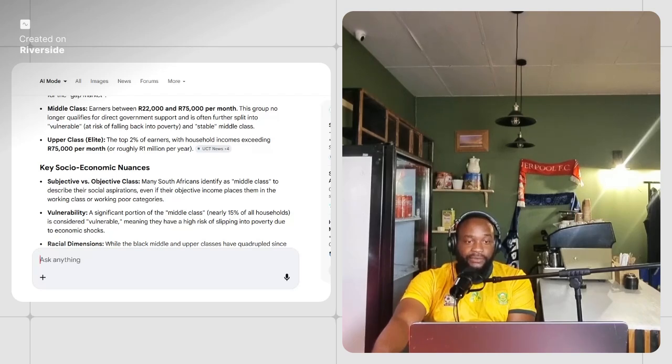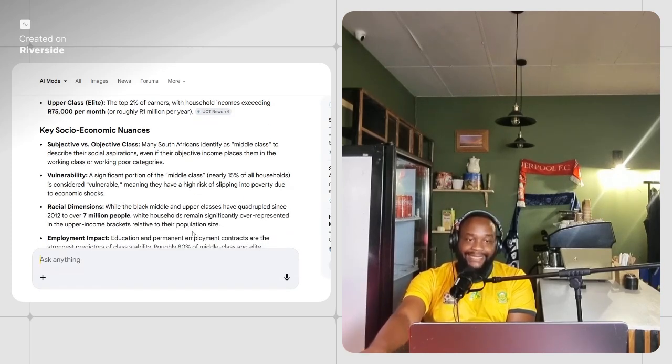All right, we've got vulnerability: a significant portion of the middle class, nearly 15% of households, is considered vulnerable, meaning they have a high risk of slipping into poverty due to economic shocks. That is so much vulnerability, bro, 15% of the South African population.